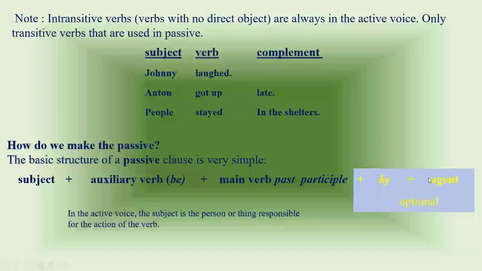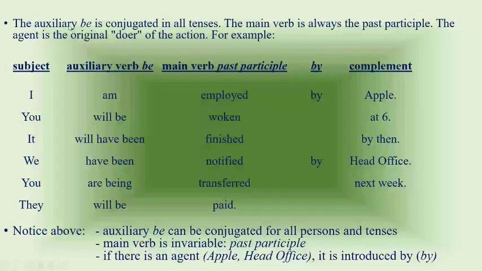The agent here is the original subject, sometimes called the doer. In active voice, the subject is the person or thing responsible for the action of the verb. The auxiliary verb is conjugated in all tenses, as we said before, while the main verb is always in past participle. The agent is the doer, the original subject doing the action.